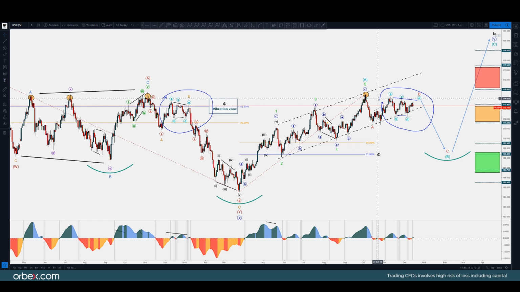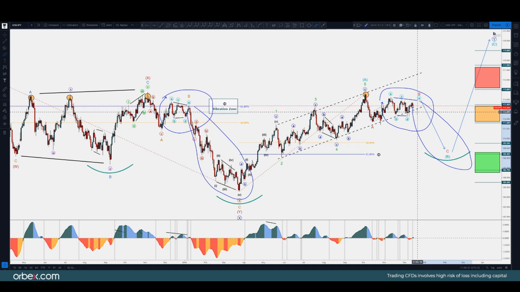Maybe it could reappear and provide another fall, such as the one that started back on the 8th of January 2018.